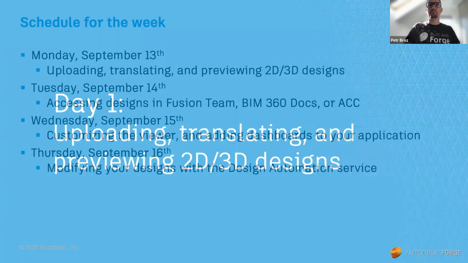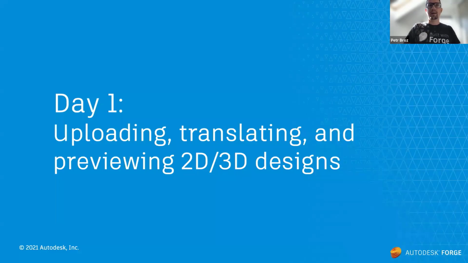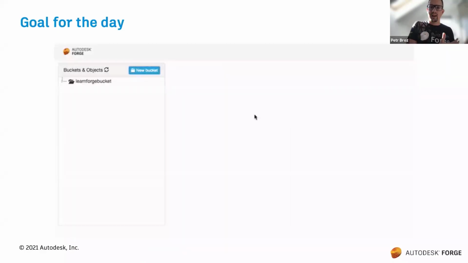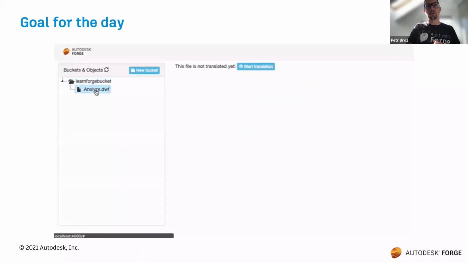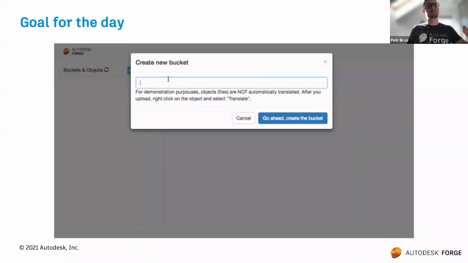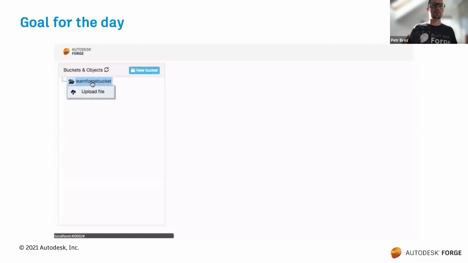All right, day 1, and this is the application that we're going to be building. Again, this is one of the standard apps from the tutorials on the LearnForge website, and the app is going to look like this. It's going to have a simple user interface. We're just going to have a simple sidebar allowing us to manage a preview, see a list of files that we already have in our new Forge app.